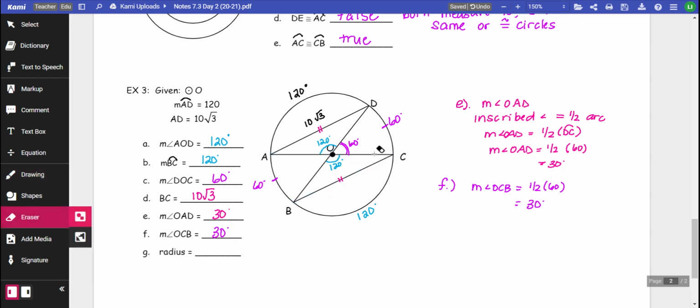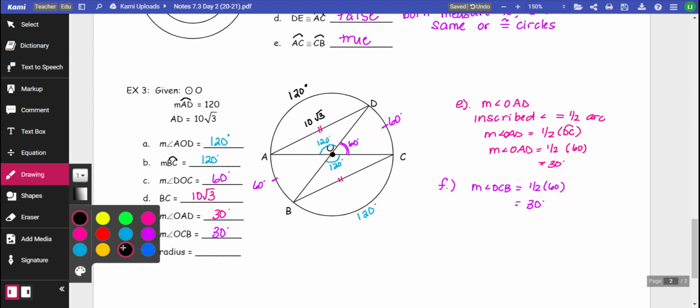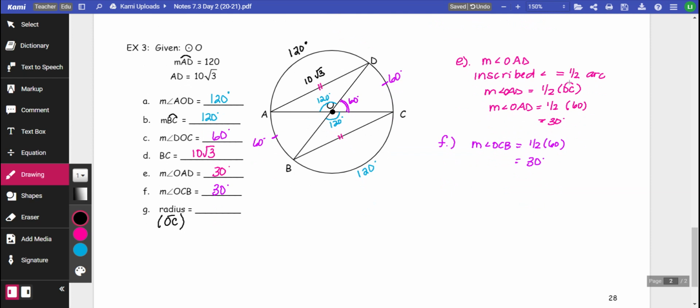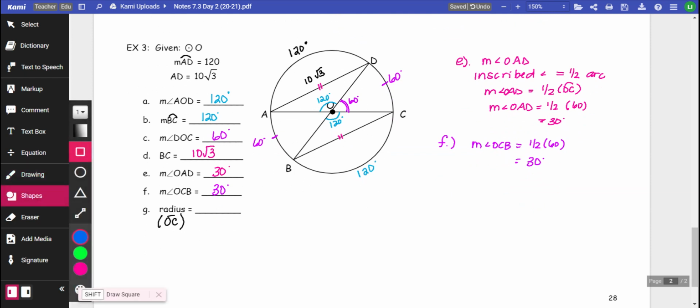Finally, we have to find the radius of the circle. We want to find the length of the radius. We could choose any segment starting at O. I'm going to use segment OC, but keep in mind, all radii of a circle are congruent. Let's go ahead and draw in triangle OCB.